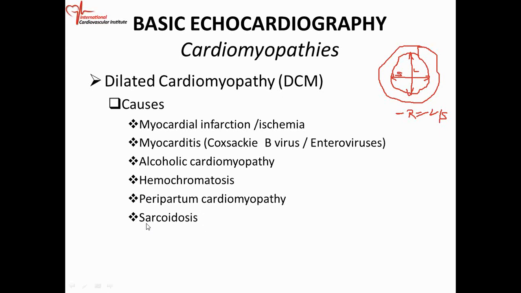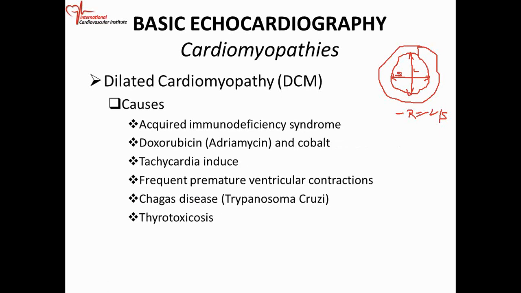Sarcoidosis also can cause a dilated cardiomyopathy. This is a multi-system disease. Other causes include acquired immunodeficiency syndrome, AIDS. So HIV can also cause a dilated cardiomyopathy, and chemotherapeutic agents.